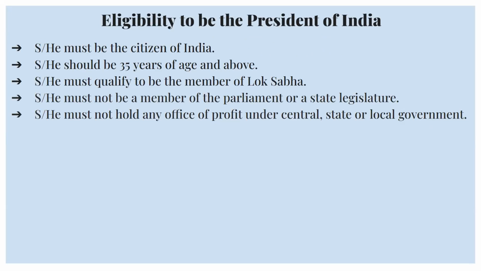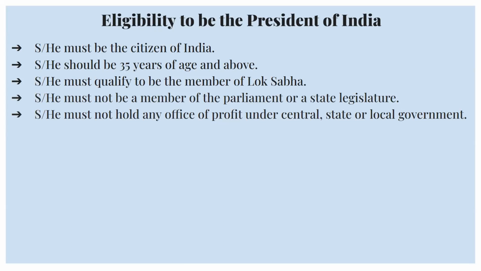Then let's see what the eligibility criteria are to be the President of India. First, he or she must be a citizen of India. Then he or she must be 35 years of age or above. Then he must qualify to be a member of the Lok Sabha. Then he must not be a member of parliament or a state legislator.